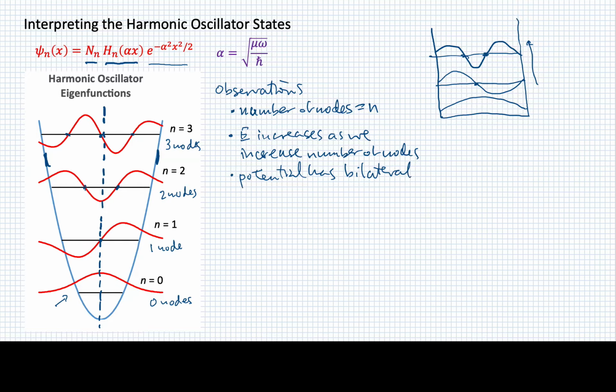Now what does that imply about the eigenfunctions? Well, you notice that the ones corresponding to n equals 0, 2, and 4 also have this bilateral symmetry.